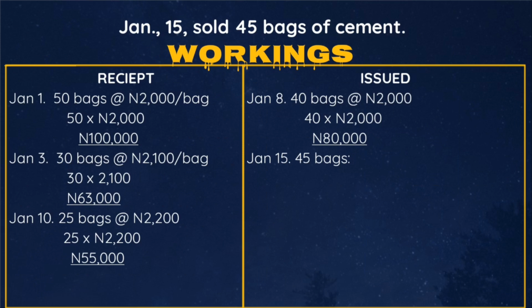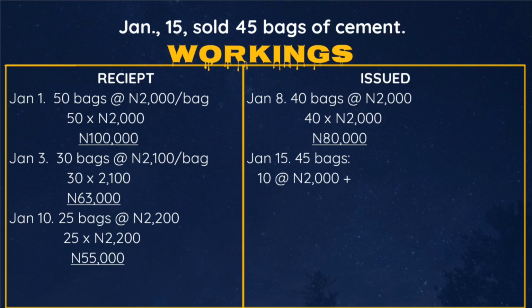On January 10, which we have 50 bags of cement, we've already supplied 40 bags of cement out from it, which means we have 10 bags of cement left. So that means the 10 bags of cement will be supplied at the rate of 2,000 naira, plus. So if 10 bags of cement is supplied at 2,000 naira, we have 35 bags of cement left. The next inventory is that of January 3, which is 30 bags.